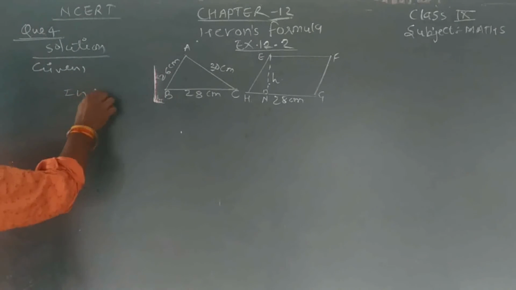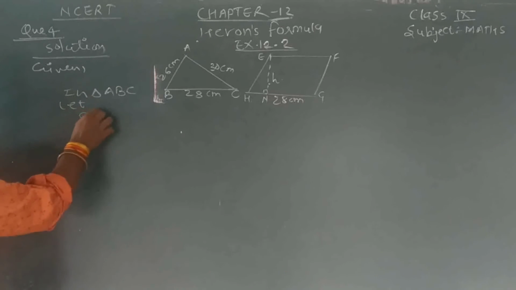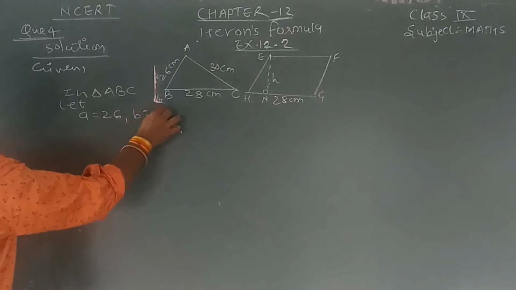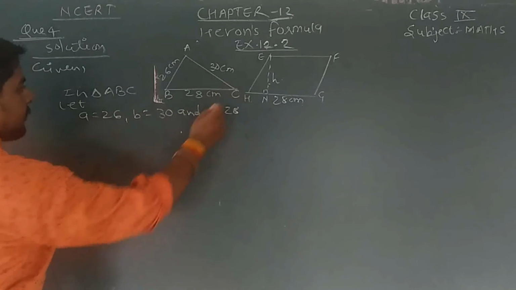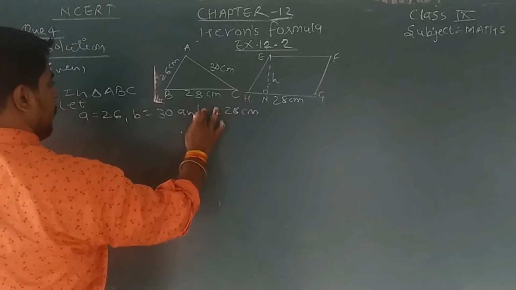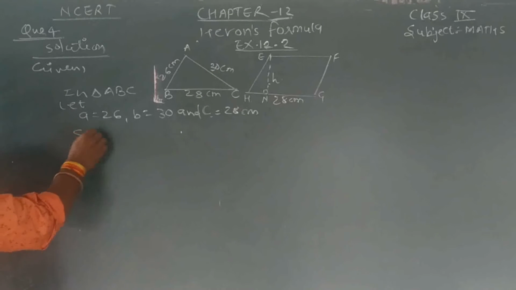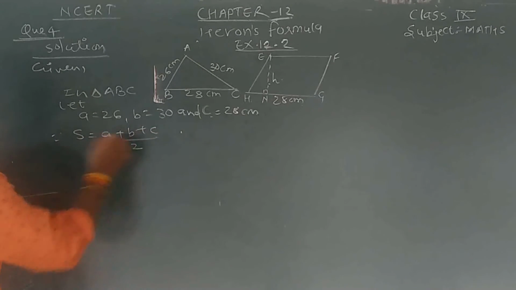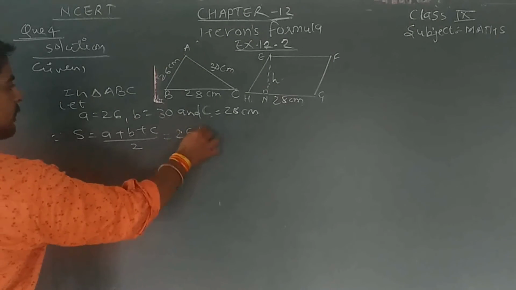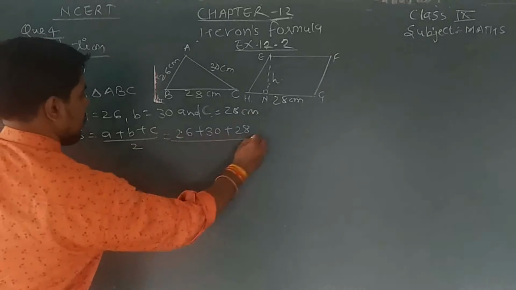In triangle ABC, let the sides a is equal to 26, b is equal to 30, and c is equal to 28 centimeter. Now calculate the semi-perimeter. Semi-perimeter s is a plus b plus c divided by 2, that is equal to 26 plus 30 plus 28, divided by 2.